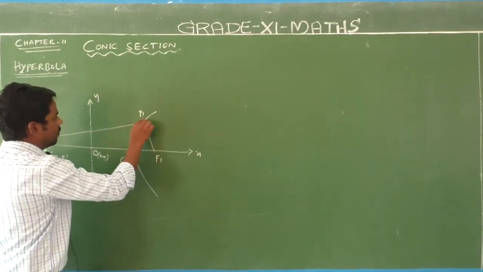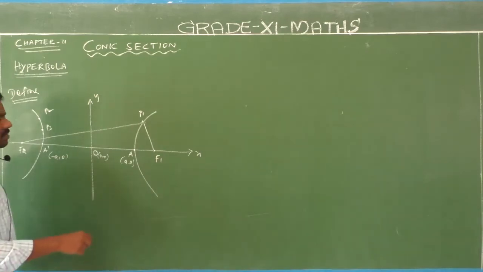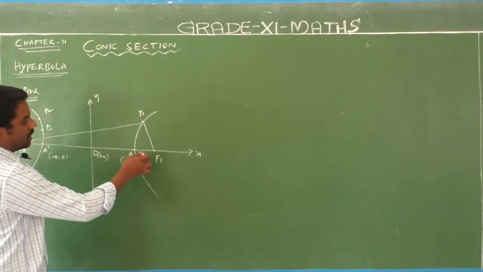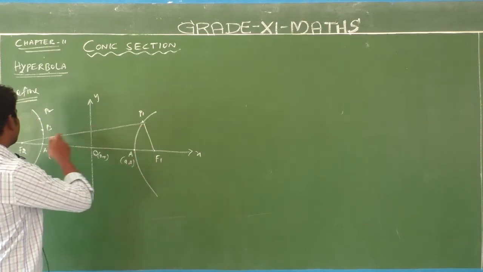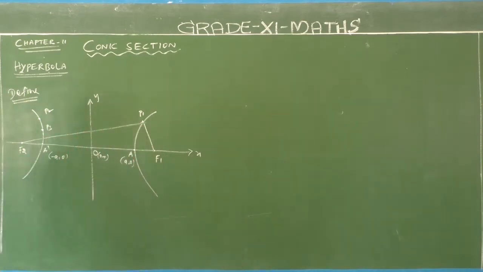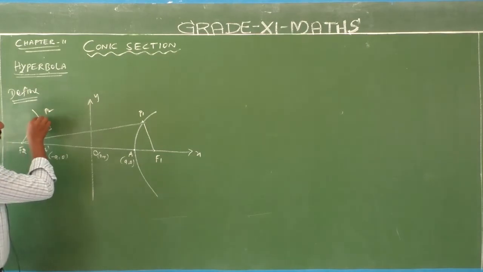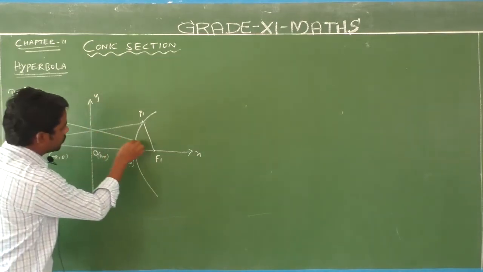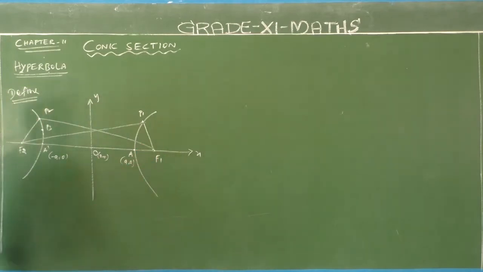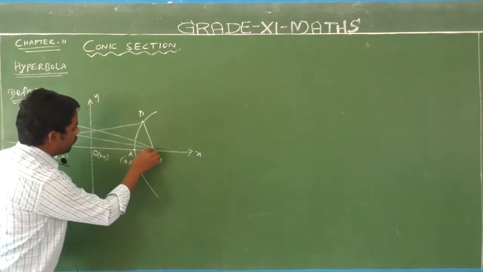The difference of whose distances, F1P1 minus F2P1, is equal to the difference P2F2 minus P2F1, and also the same value for F2P3 and F1P3.